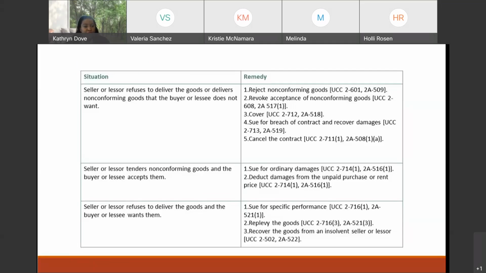If the seller tenders non-conforming goods and the buyer actually accepts them, the buyer can still sue for damages or deduct the damages from the unpaid purchase price. If the seller refuses to deliver the goods and the buyer still wants them, the buyer can sue for specific performance and get an order from the court directing the seller to tender the goods, or replevy goods or recover the goods from an insolvent seller.